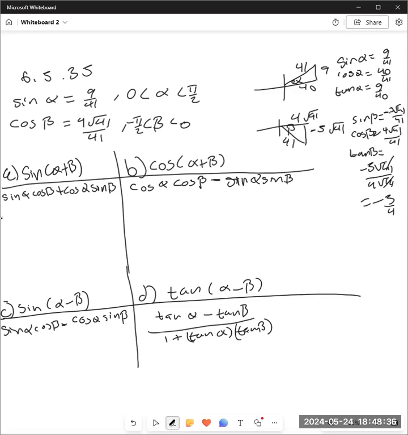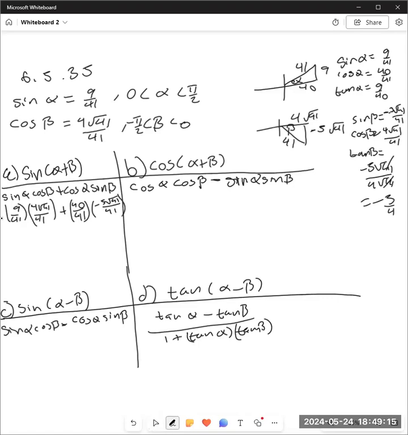So sine alpha here is 9/41, and cosine beta is going to be 4 root 41 over 41, plus cosine alpha is 40 over 41 times sine beta is -5 root 41 over 41.